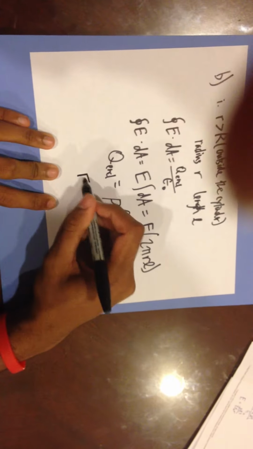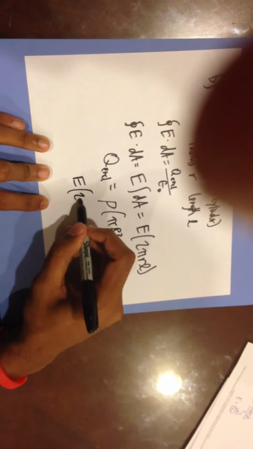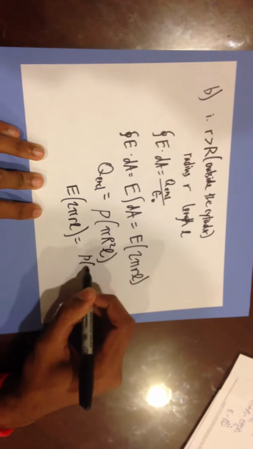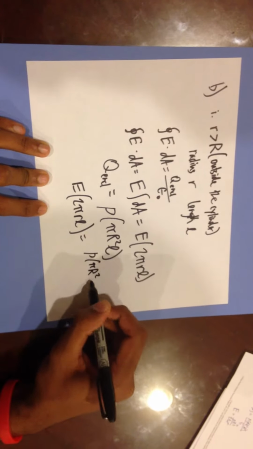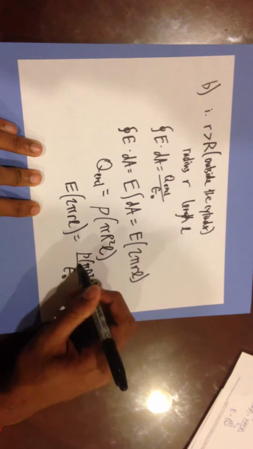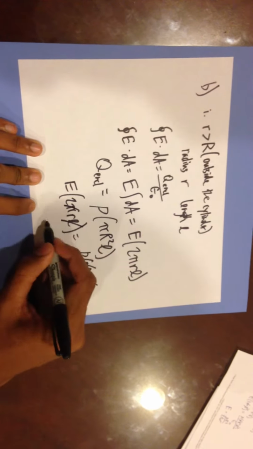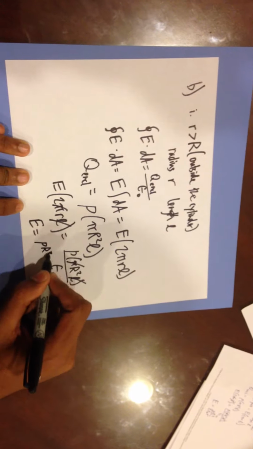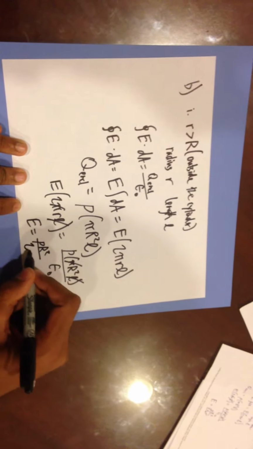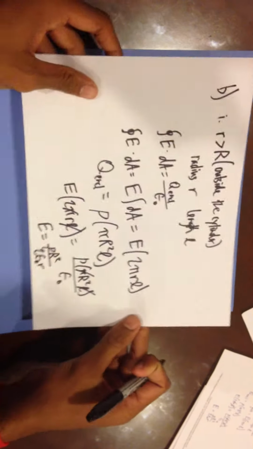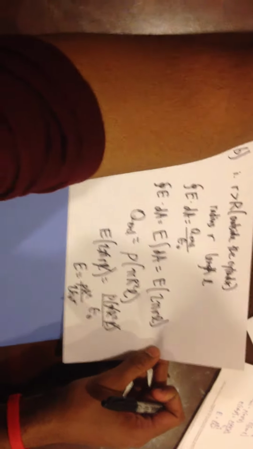So then E times 2 pi rL is equal to rho times pi big R squared L over epsilon naught. So we can cross these out, and we get E is equal to rho big R squared over 2 epsilon naught little r. And this is for outside the cylinder.